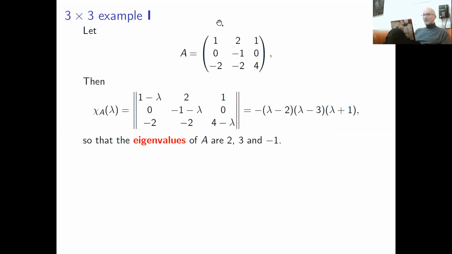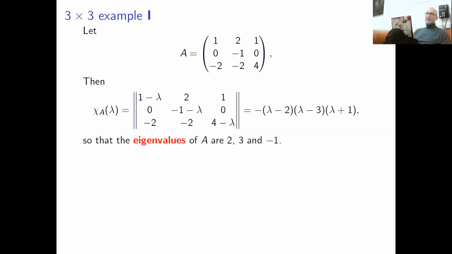Usually, if I really randomly chose a 3 by 3 matrix A, I would get some ugly polynomial such that I could not find its roots using simple formulas. Its roots would be complicated. So of course here I cooked up the example of A in such a way that all the roots are nice, small integers.